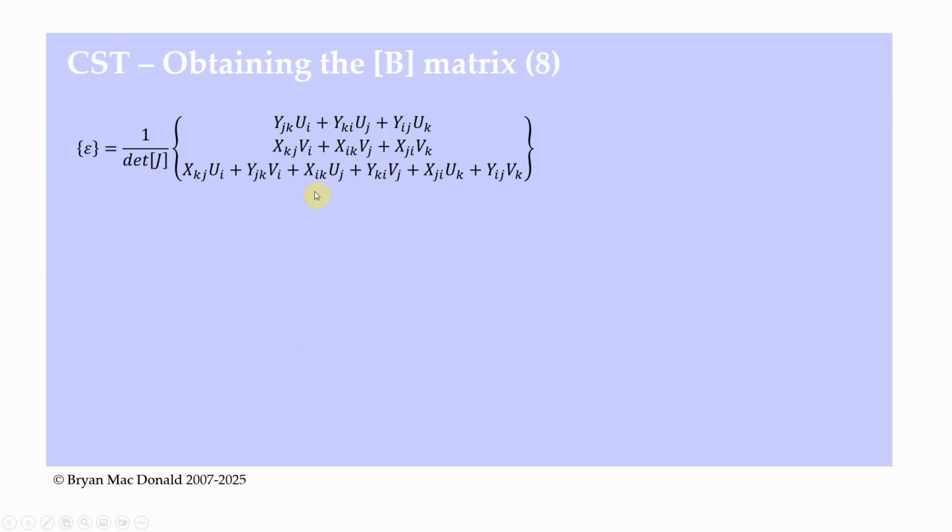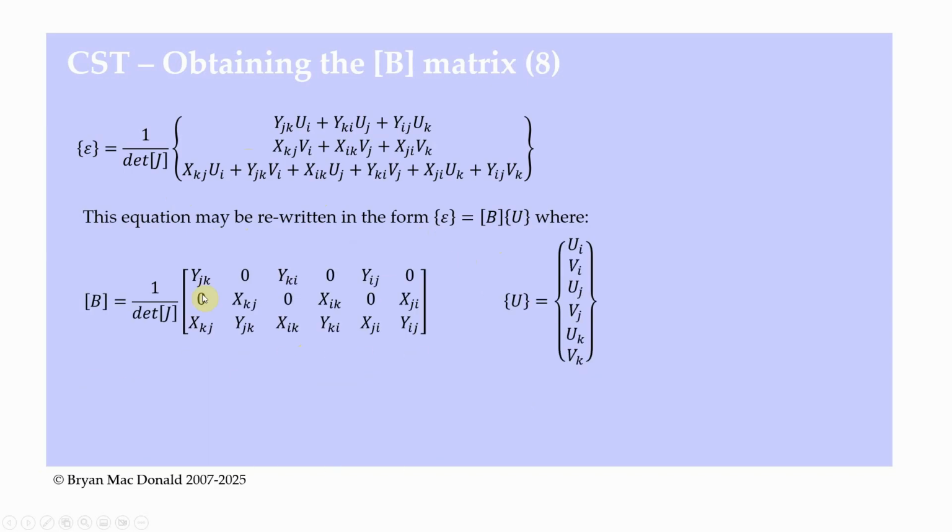As usual, we like to turn these things into matrices because it makes it much easier to write programs to do finite element analysis, and also much easier to deal with in general. So this equation can be written in the form E is equal to B times U, where B ends up being that and U is that. Okay, so if I multiply this by that, I will get this.